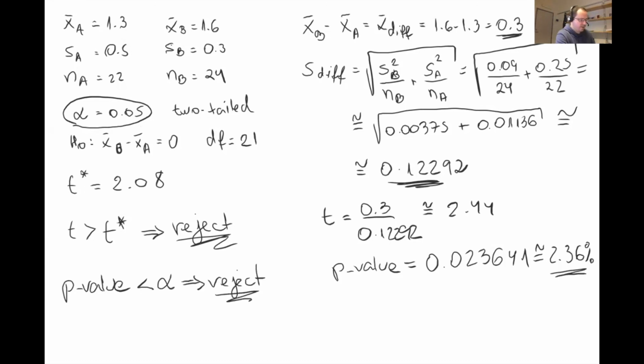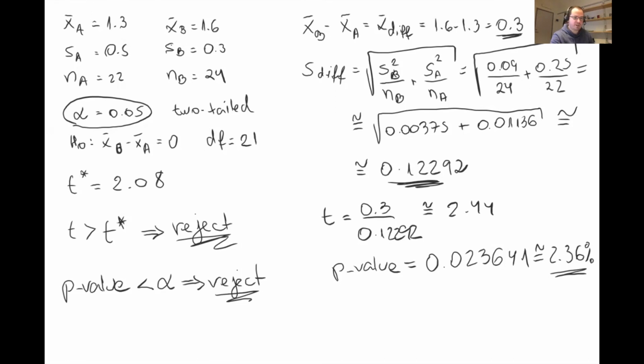In this case, I represented alpha as 0.05 instead of 5%, but that's the same, and 0.0236 is the same as 2.36%. What matters is that the p-value is less than alpha, and we have rejected our null hypothesis.